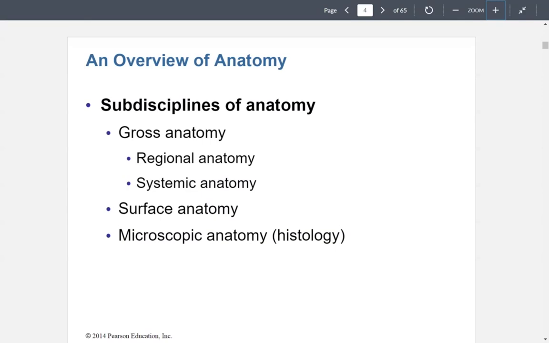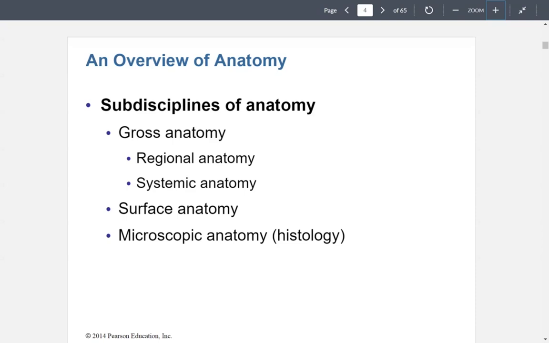Gross anatomy is the study of the physical objects that you can see, so a muscle, a kidney, but not the microscopic anatomy: all of the nephrons within the kidney, the microscopic fibers that are within the muscle.